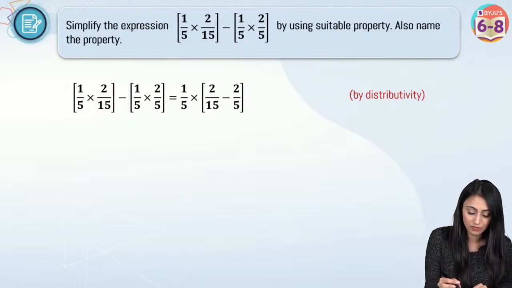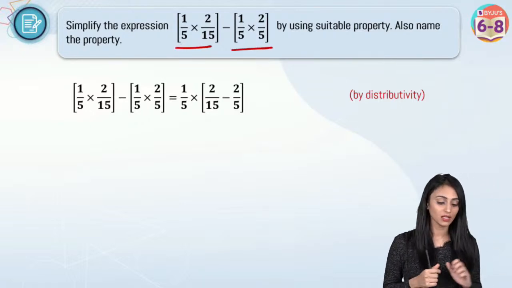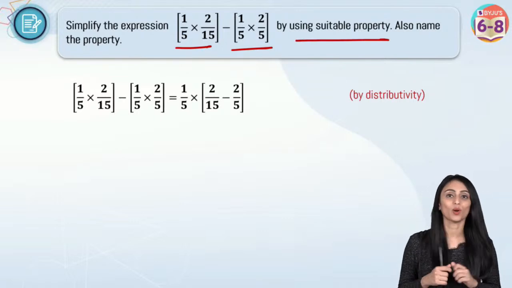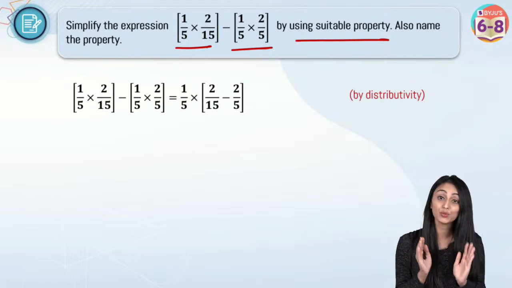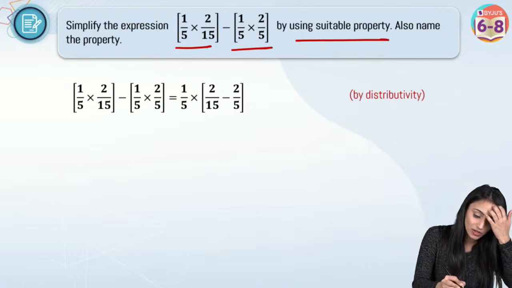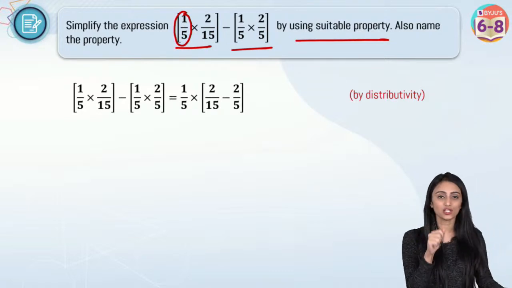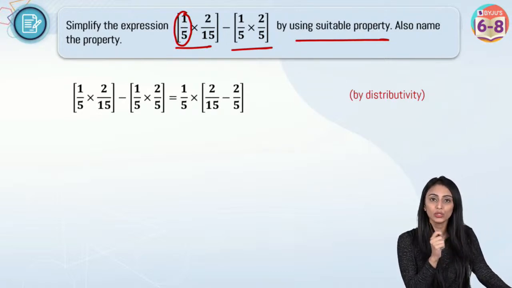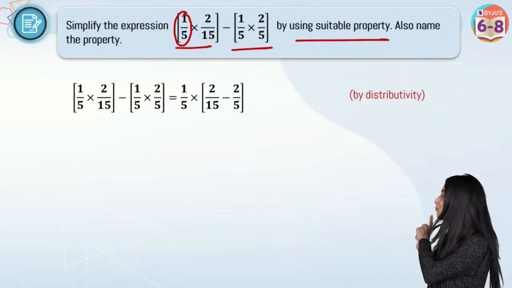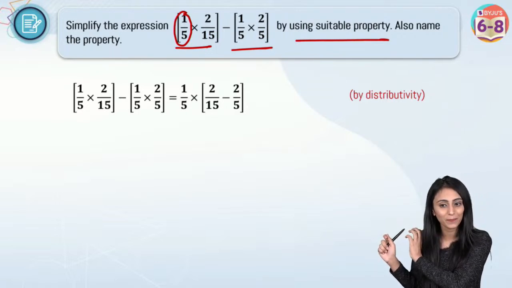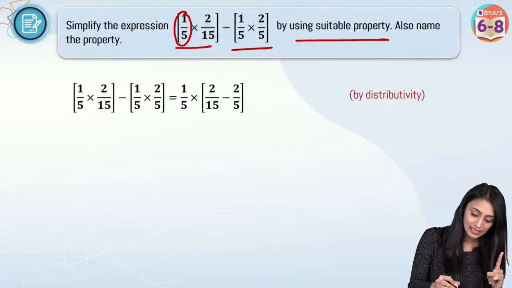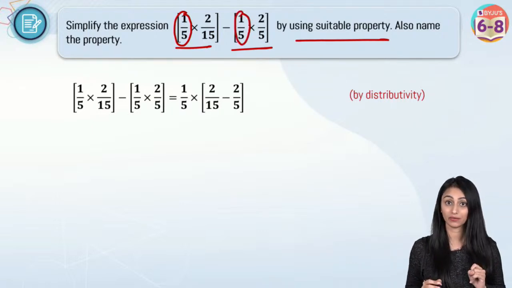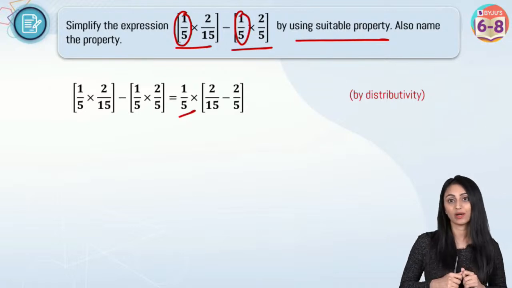We have these two brackets, and we have to solve them using a property. Without using a property, solving it doesn't really make sense. When you come across such questions, the first thing to look for is any common rational number amongst them. I can see that both of them have 1 by 5, so I'll keep 1 by 5 outside.